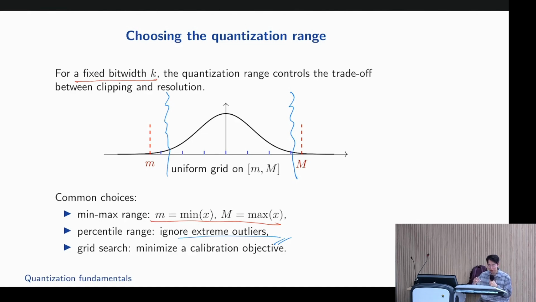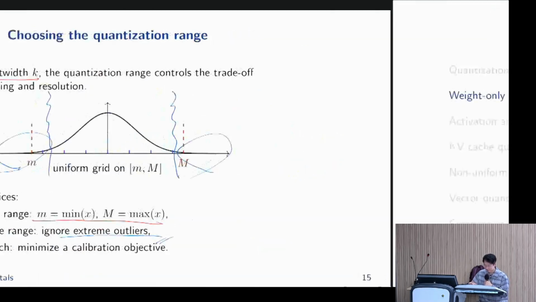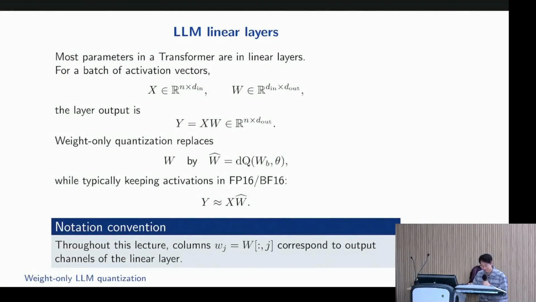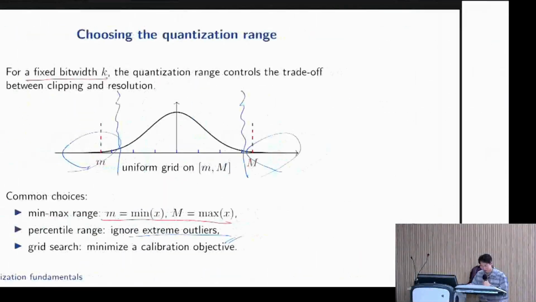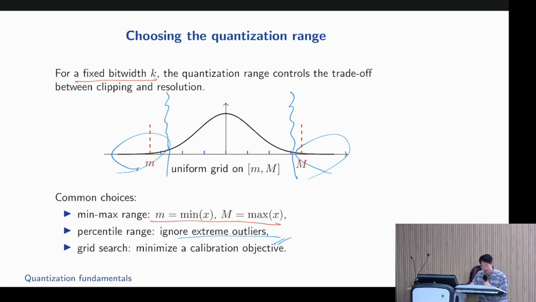So it turns out these outliers carry most of the information. Well, I say this with the caveat, it depends on your model, but this is not a good idea in general.